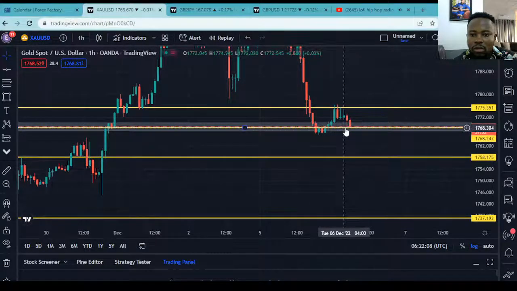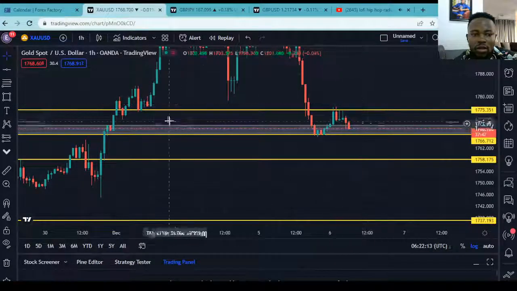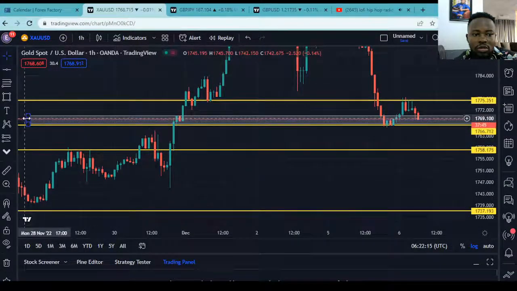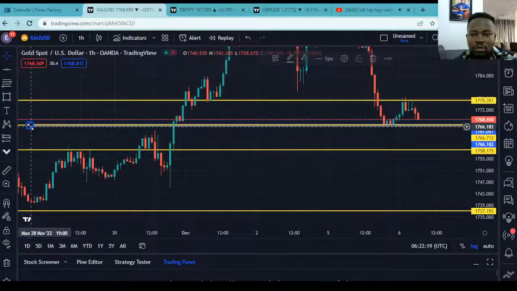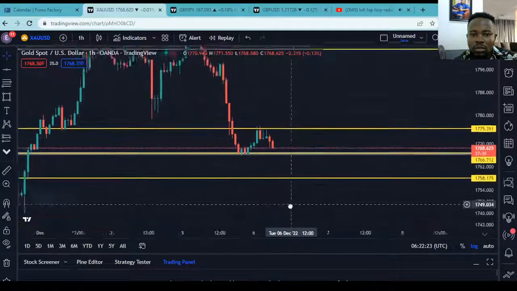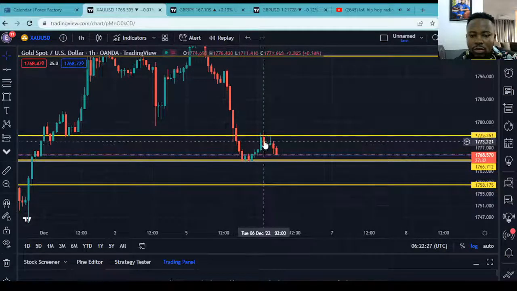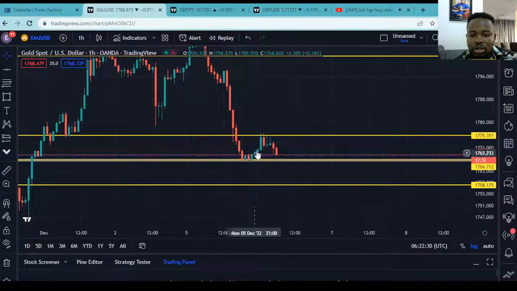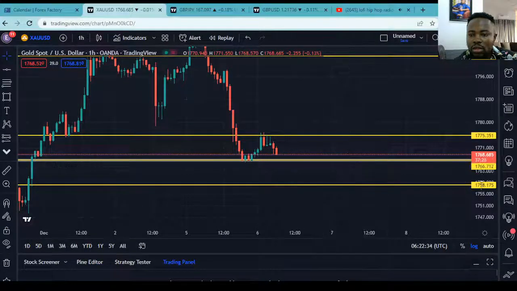On the 1 hour, also this area is an area of interest to us, right? So the Asian session was this retest we had from the area of breakout, right?